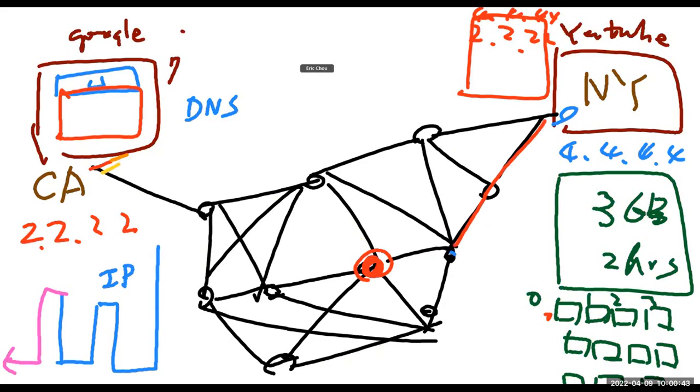Originally it was planning to go this way, right? This one is dead, but because there are multiple paths, you can instead send the data this way or this way. So you can bypass it. This is the so-called fault tolerant computing. This is one example.